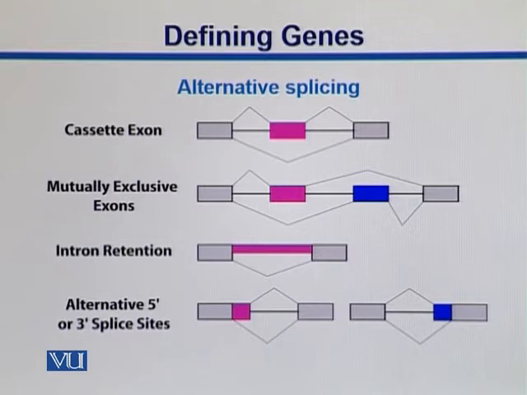So here in this slide, there are different ways in which we can get these alternative splice variants. Sometimes we have mutually exclusive exons, so some exons are present, others are not there. Sometimes we have intron retention, where introns are retained, and even the alternative 5' or 3' sites are used alternatively.